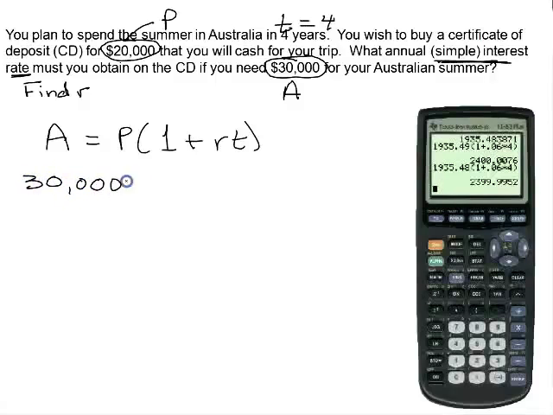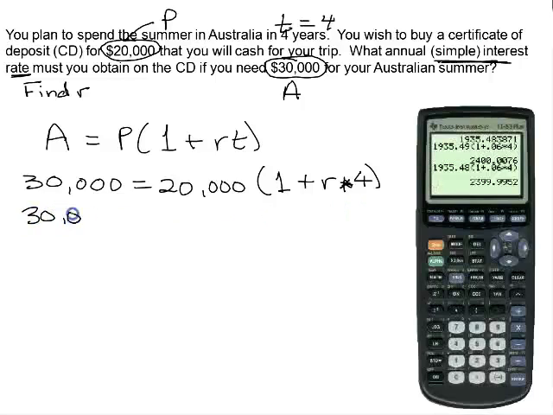So we'll have 30,000 equals 20,000 times the quantity 1 plus R times 4. That's a time symbol right there. Now in algebra class you never said R4 or R times 4. You said 4R.